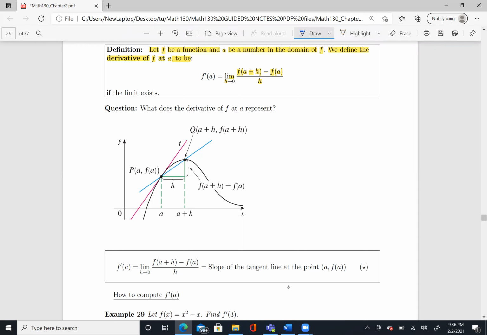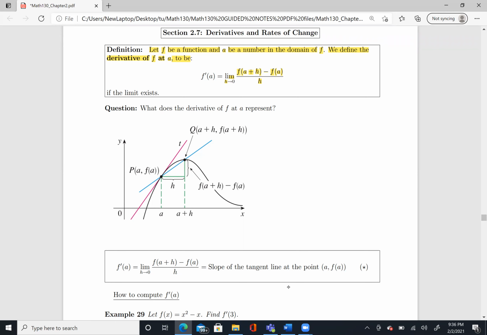So that's the reason why we have learned about limits, and now we use the knowledge from the limit to apply in finding the derivative and the rate of change.